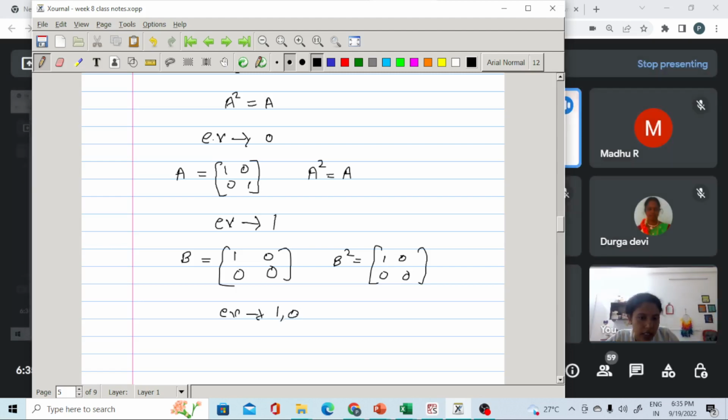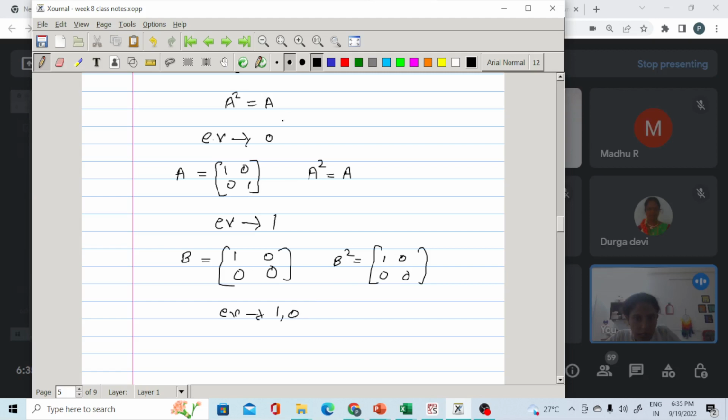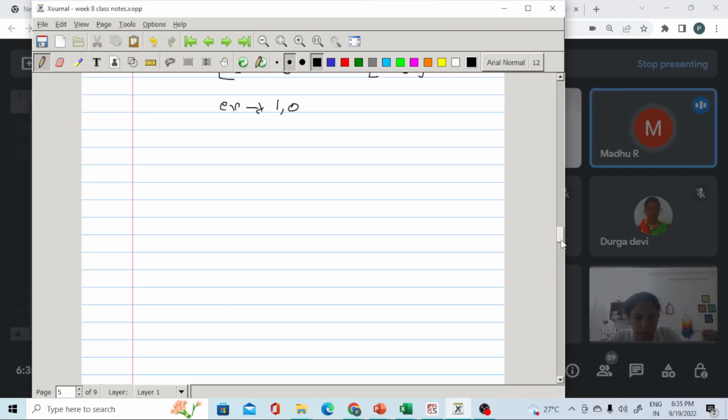So here both 1 and 0 are coming for this idempotent matrix. Any doubt in the last question?